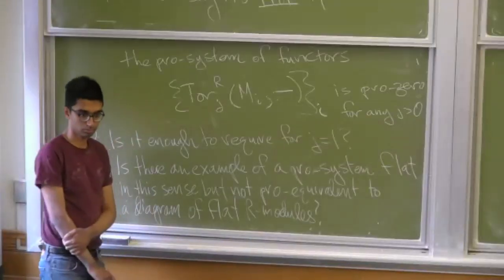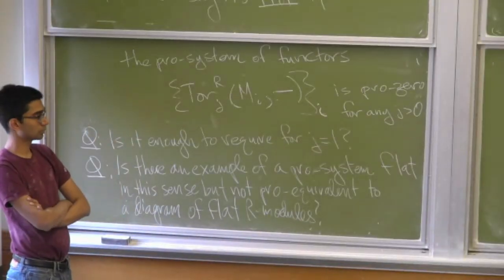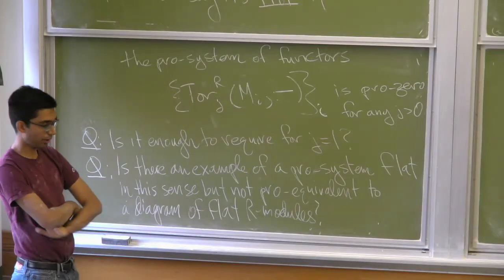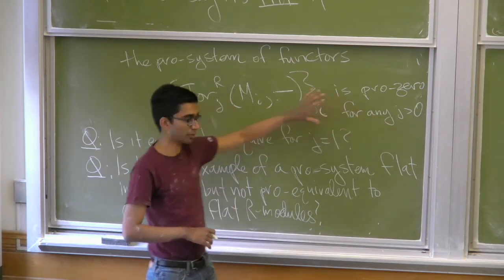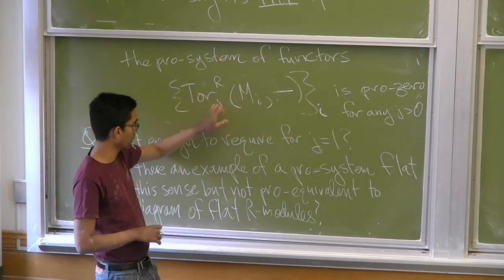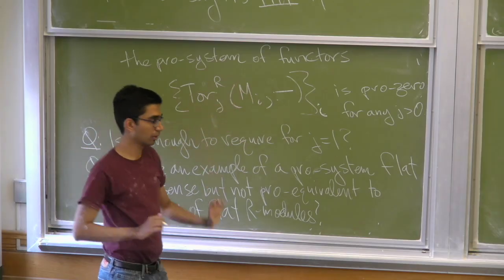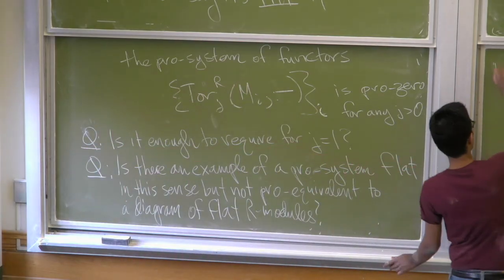So in other words, there's some kind of uniform estimate on the transition maps being zero, independent of the input n. That's right, but it could depend on j. So it's saying that for Tor j from M sub i, these maps eventually become zero.